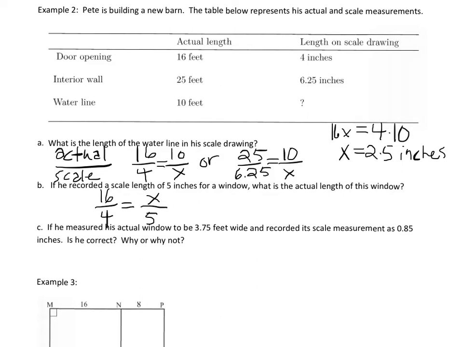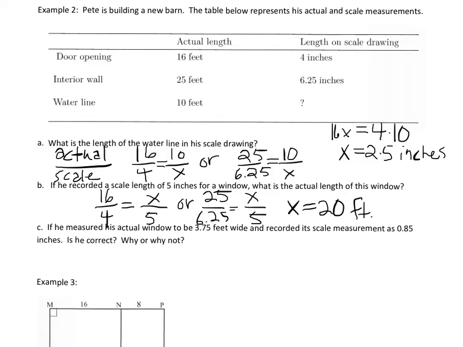And once again, I could do either, so I could also do 25/6.25 equals x over 5, either one. And when I do cross multiplying, I get x equals 20. And because I'm doing the actual length, that would be in feet.